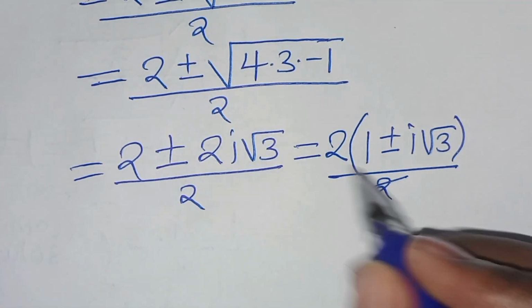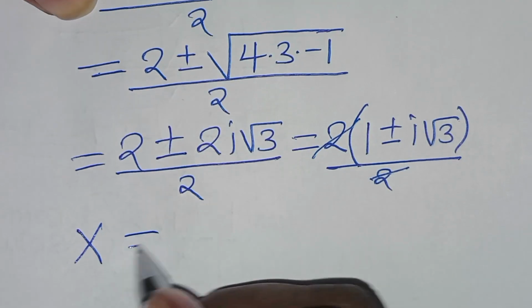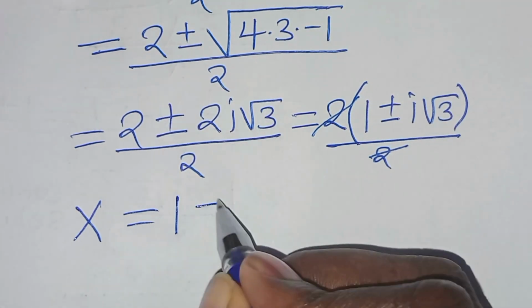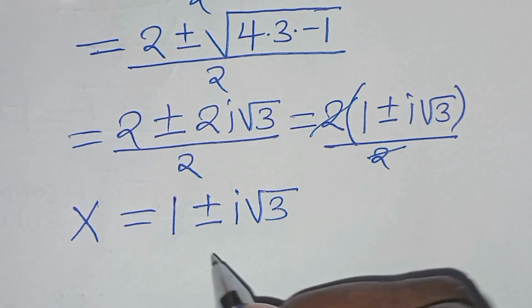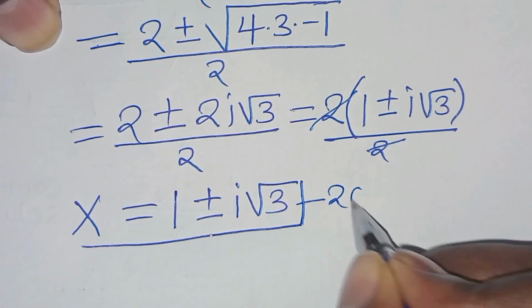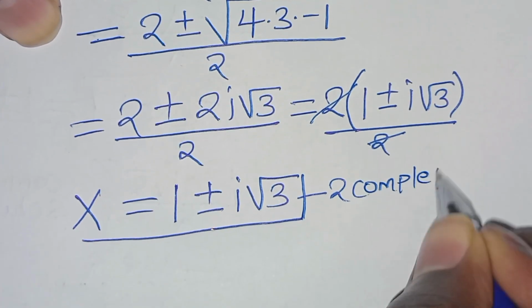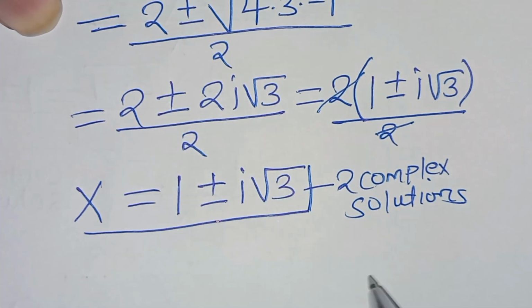Let's simplify here so that now we have that x is equal to 1 plus or minus i square root of 3, and these are two complex solutions. These are two complex solutions from case 1.